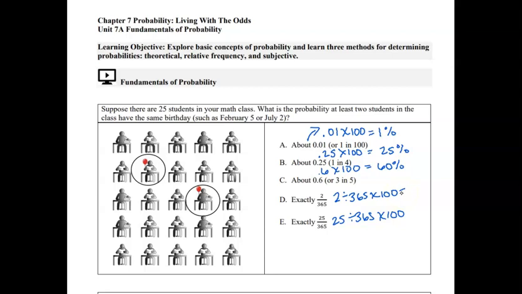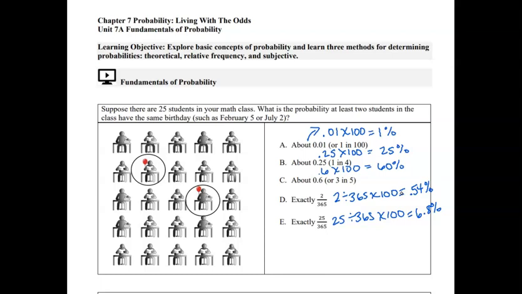And when we do these calculations, this one comes up to be about 0.54%, which is really small. And then this one comes up to be about 6.8%.